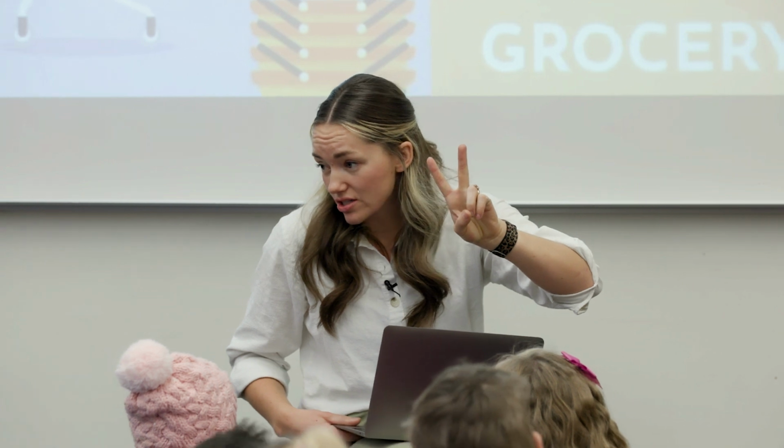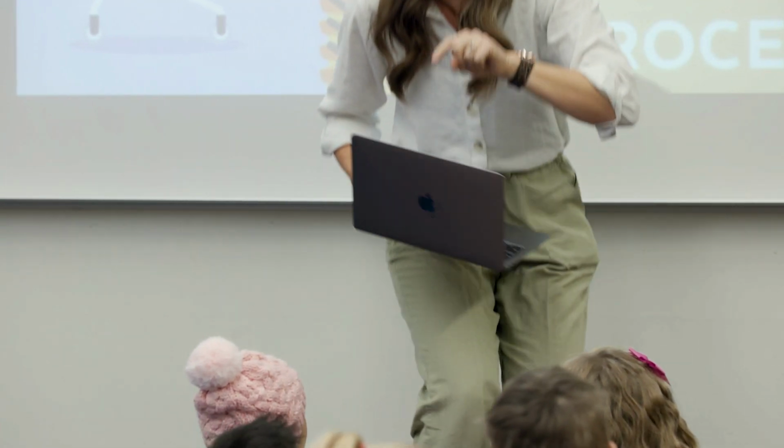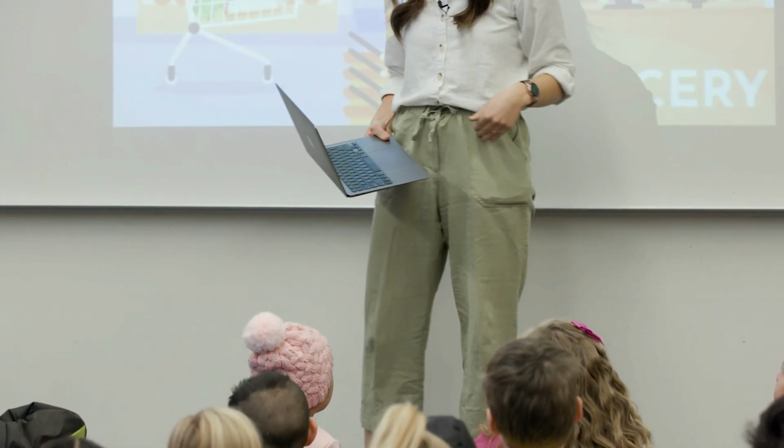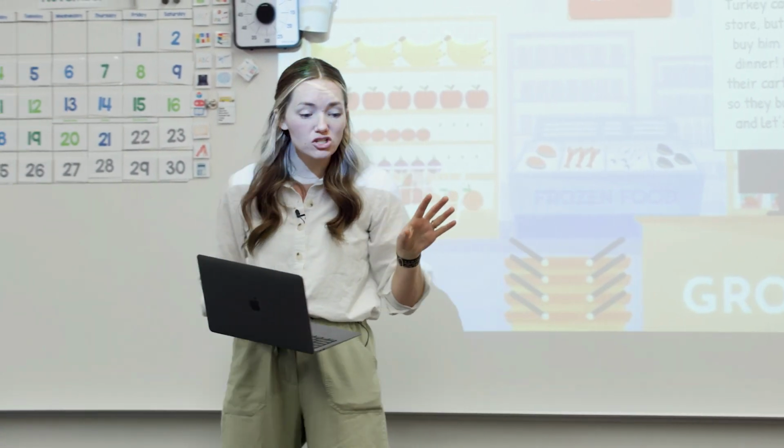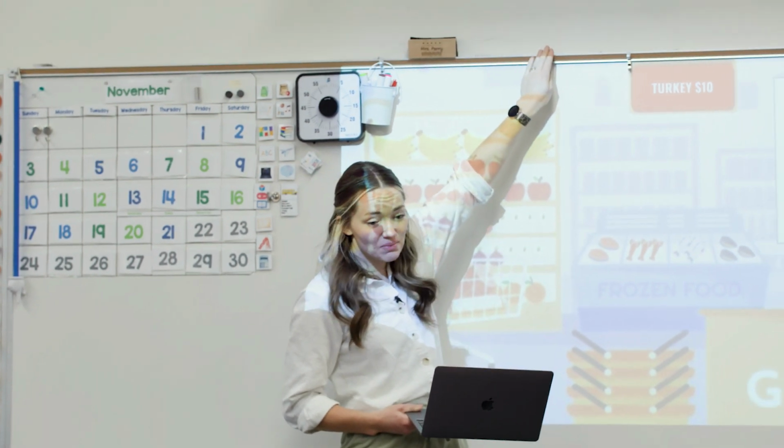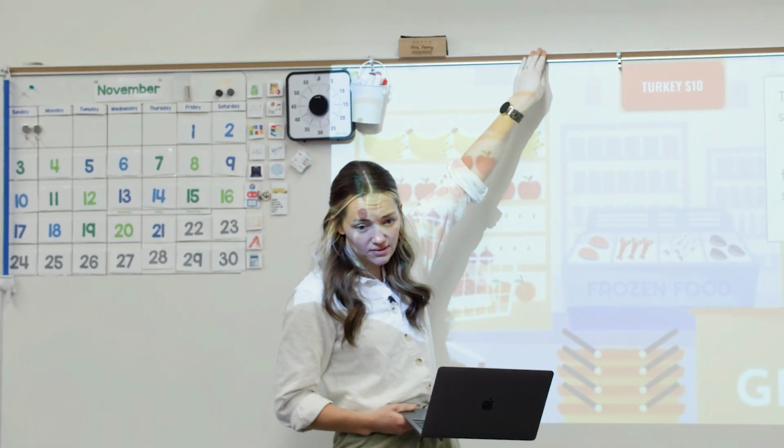You get to decide what they buy, but it has to cost how much money? $10. So here's your job. Click on the grocery store, put 2 things in the cart to cost $10, and then when you finish, exit the tab and come back. When you're going to exit the tab, where do you look? At the X at the top. It's going to be at the top of your tab.